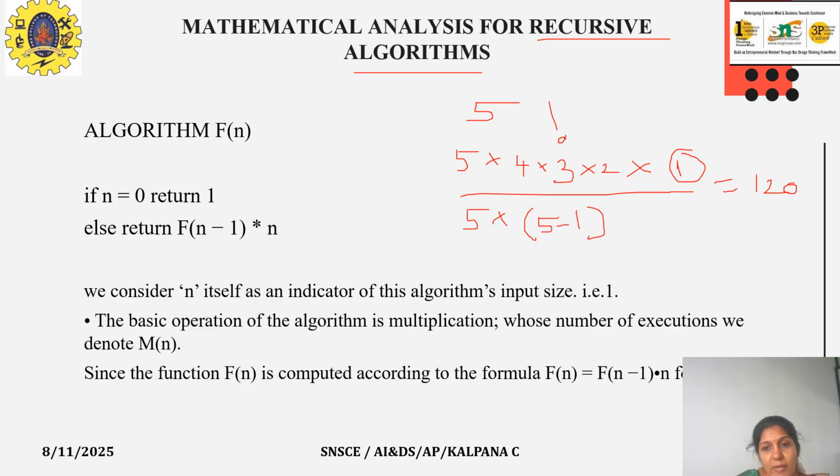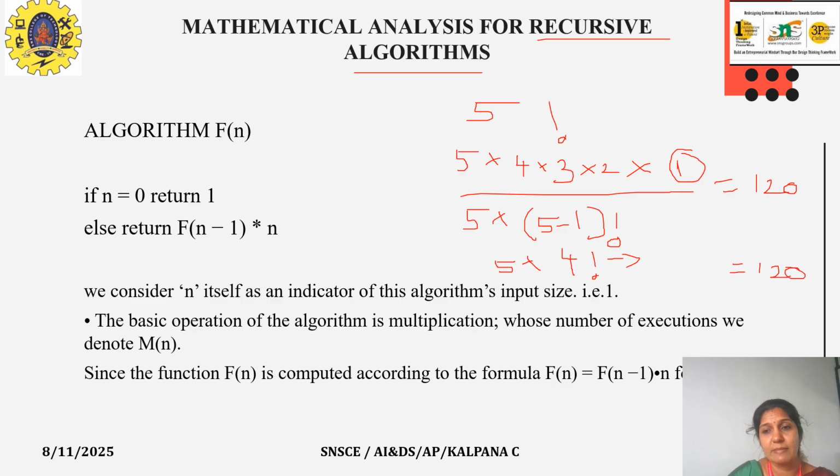When I am going to calculate factorial for 5, I can write 5 into 5 minus 1, 5 minus 1 is what? 4. 4 factorial. So 5 into 4 factorial, I can write this 4 factorial as 4 into 3 into 2 into 1. So finally I am going to get 120.